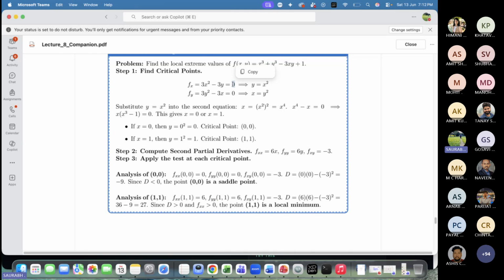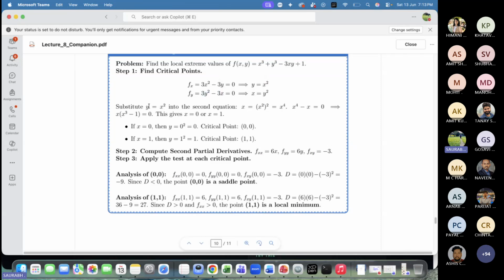Let's say in this particular case, we found y equals x square, and x equals y square. If you take x equals x square in the second equation, if you feed in y equals x square, then x square would look like this.